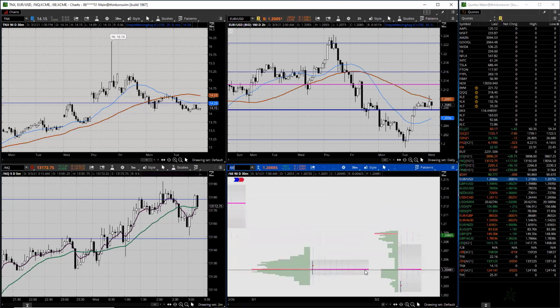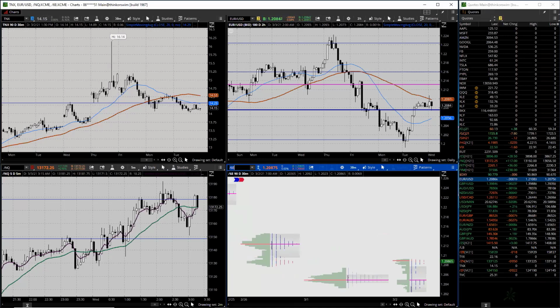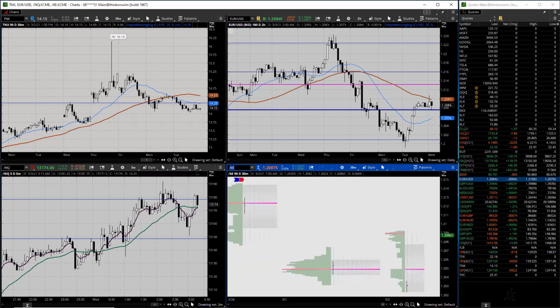Once we got above 2048, where there's a point of control, we were able to start marching higher, and march higher we did. If you look at the resistance, you see this value area here. This would have been Friday's. That came in right there at 20.95. So this market still had the potential to go on.